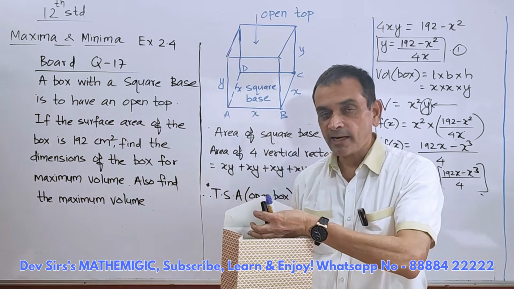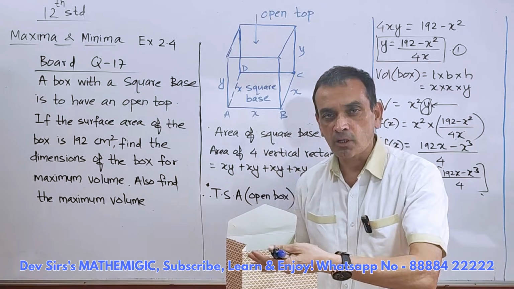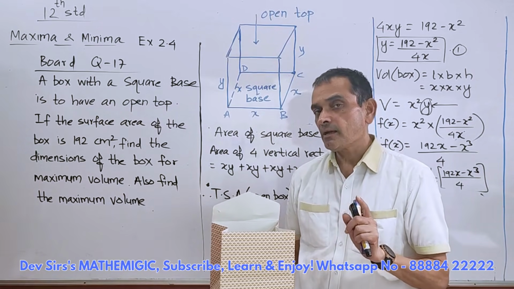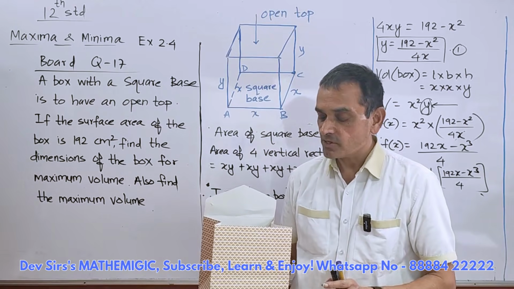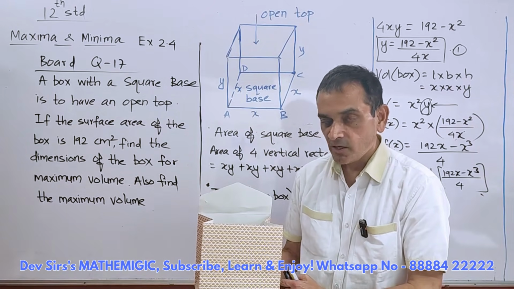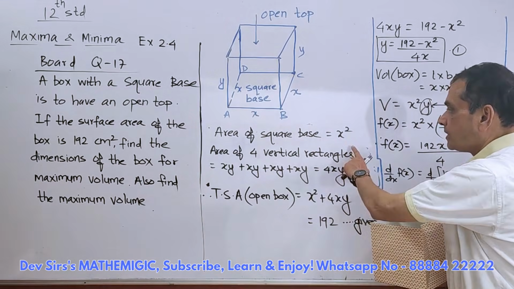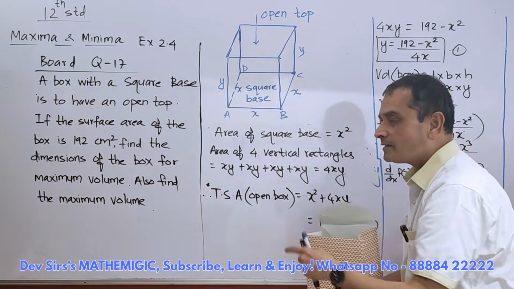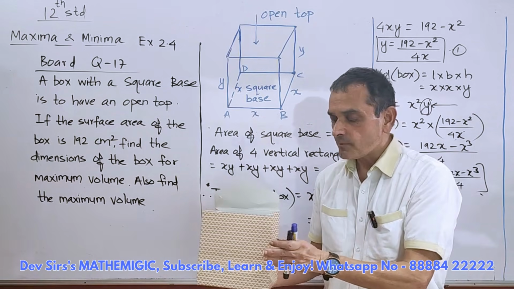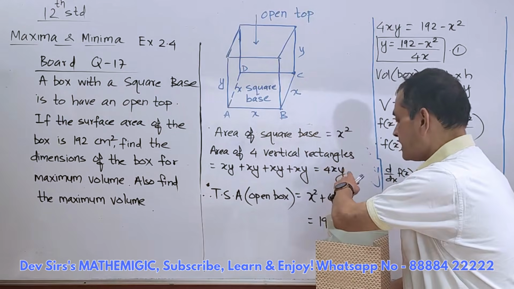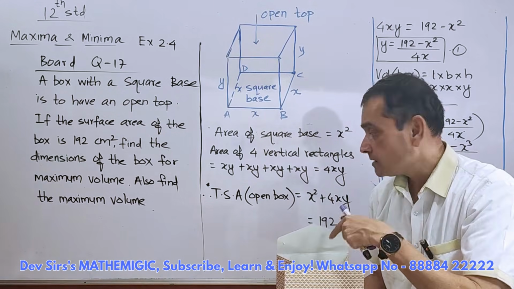ऊपर कुछ नहीं है, it's open at the top to fill in water or something else, right? So there are 2 things. First is area of the base, which is x into x, that is x squared. Area of 4 vertical rectangles, xy plus xy plus xy plus xy, 4xy. ऊपर कुछ नहीं है.